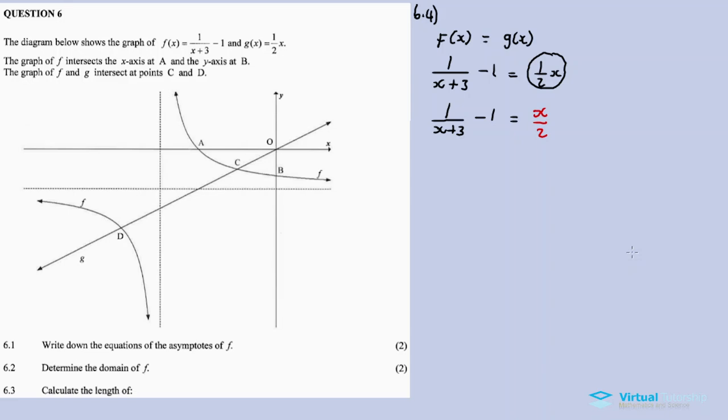I cannot do the same thing I did on the previous question where I wanted the length OA, where we had 0 on the left hand side, and then this was on the right hand side. Then I transposed the 1 so that it became a number equal to a fraction.